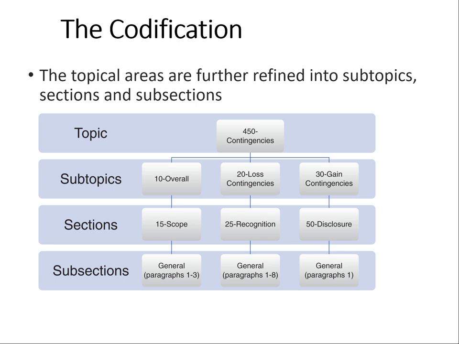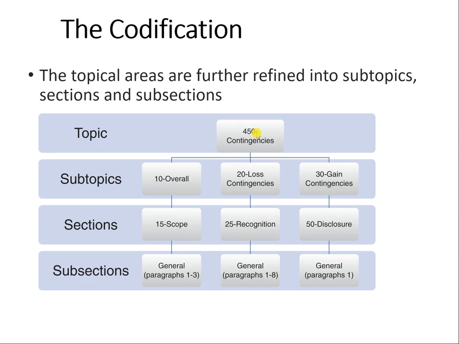The topic areas are further refined into subtopics. For example, 450 is the topic area for contingencies, and it has subtopics: 450-10 is overall, 450-20 is loss contingencies, and 450-30 is gain contingencies. Subtopics are further refined into sections.